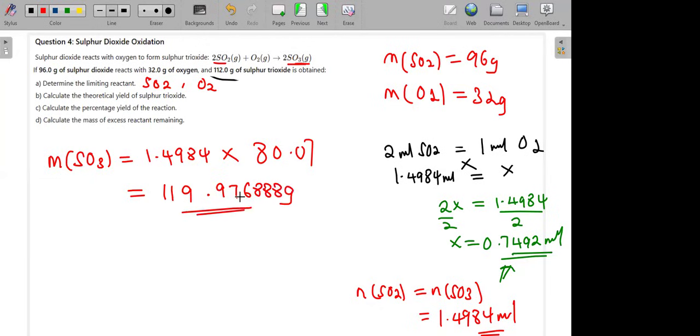This is the mass of sulfur trioxide. I can round it off to the nearest whole number, because the given value is to the nearest whole number.